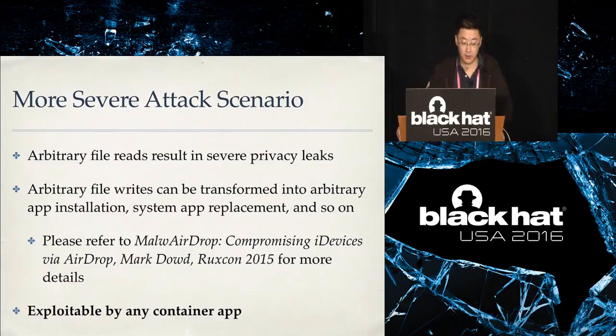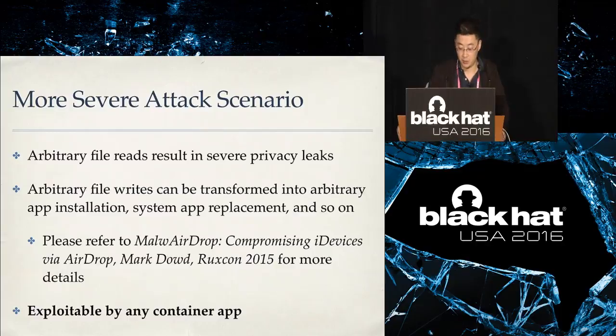So arbitrary file read directly results in privacy leaks, right? If you downloaded a malicious application from the App Store and that malicious app uses this vulnerability, it can easily get your messages, your photos, whatever you have on your phone. And arbitrary file write is even worse.